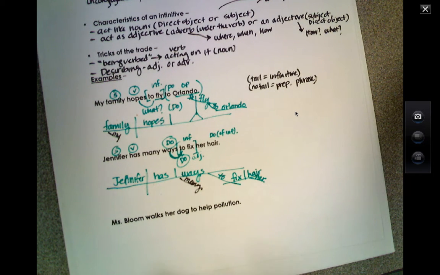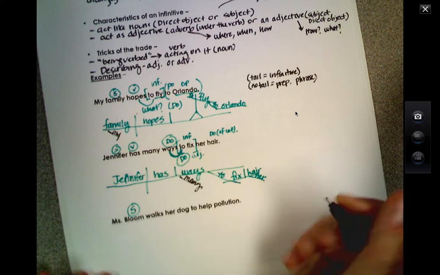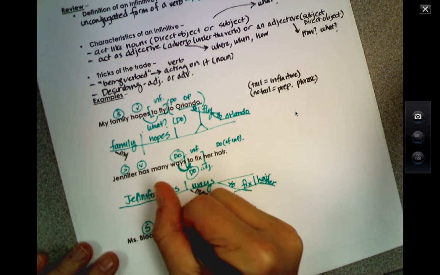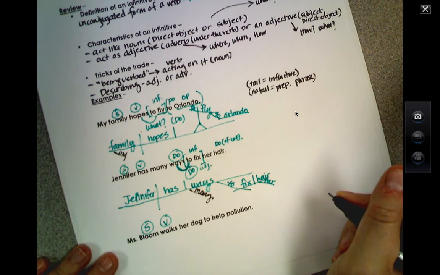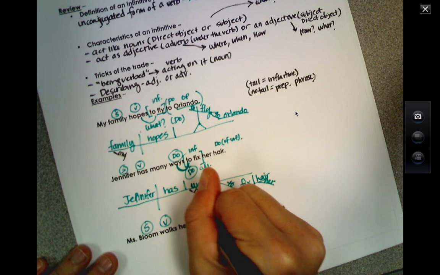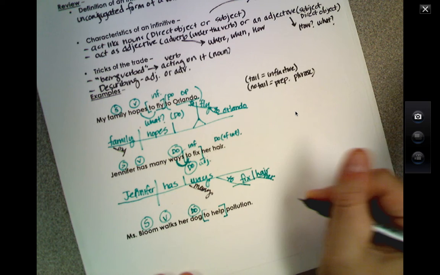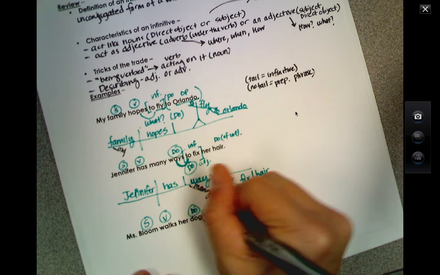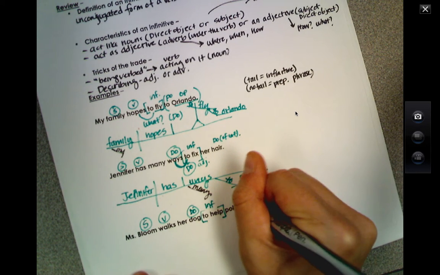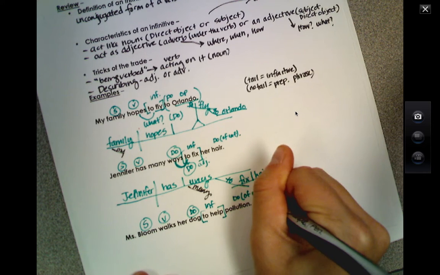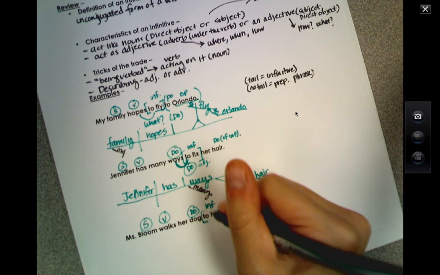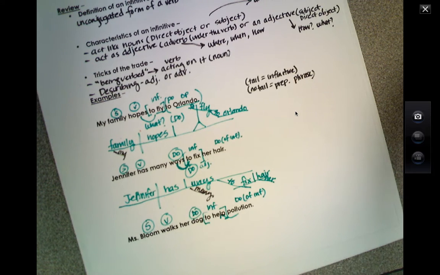So the subject is Miss Bloom, and if anyone knows, this is totally true. The verb is walks, and then we do have a direct object because it's what's being walked. Then we have an infinitive, and then pollution is going to be a direct object of the infinitive. Anytime you have a noun next to the infinitive, just count on it being the direct object of the infinitive.